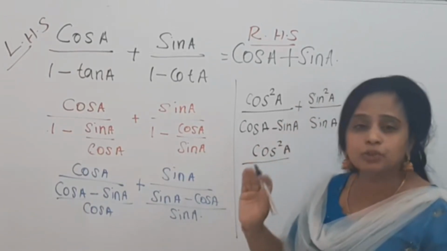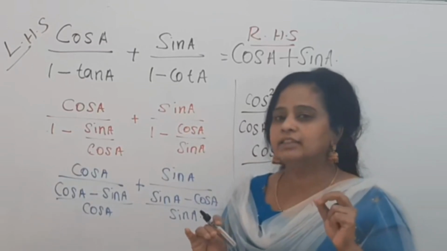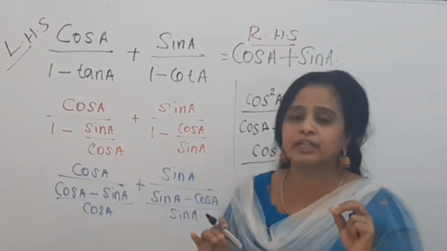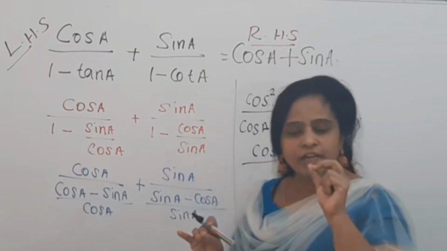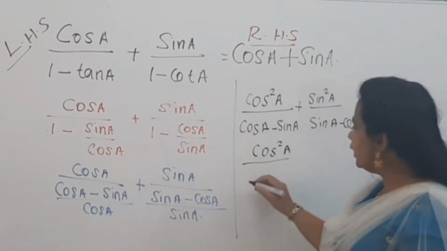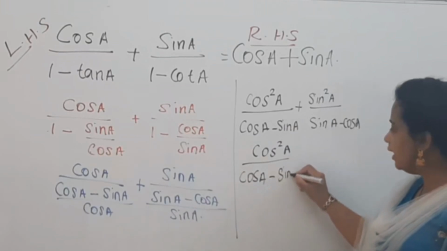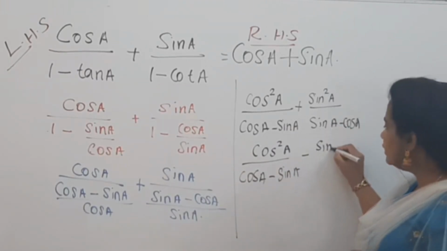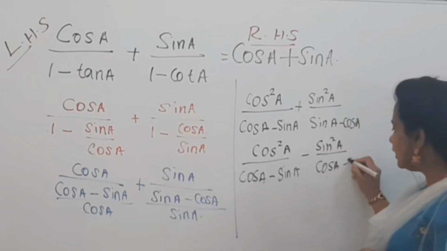So please do not have the negative sign at the first term in any solution in math. Always try to keep the first term positive. So cos square A by cos A minus sin A. Now I take the minus outside, so it becomes minus sin square A by cos A minus sin A.